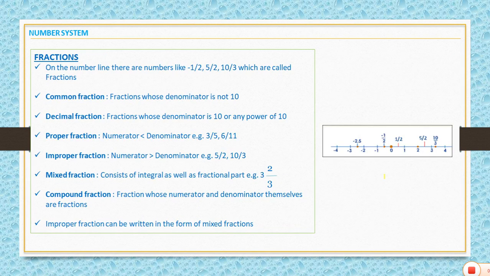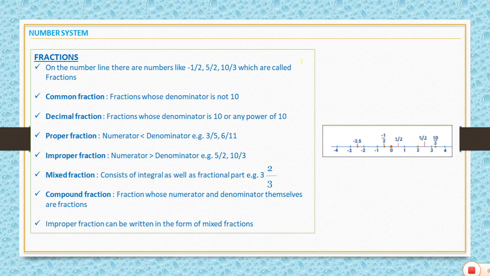Moving forward, we are now starting the fraction part. What are fractions? When an integer is divided by an integer, it is known as a fraction. Integer divided by integer, what does this mean? Let's say m by n.